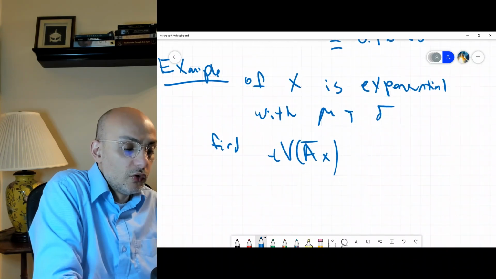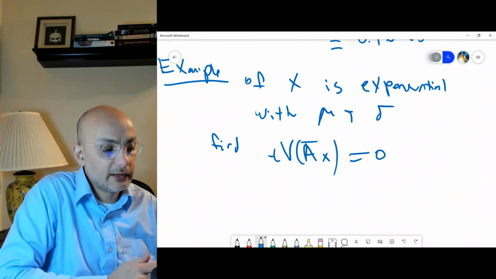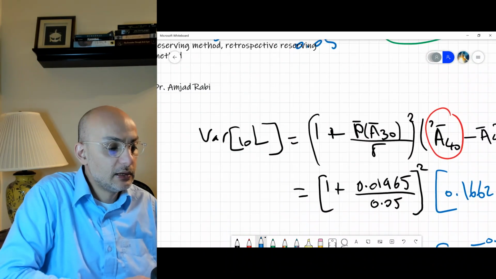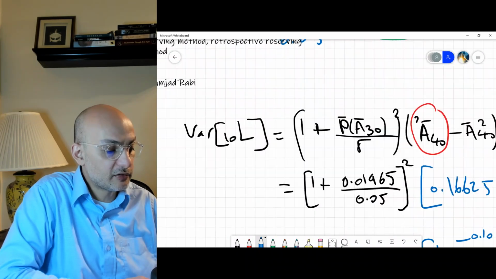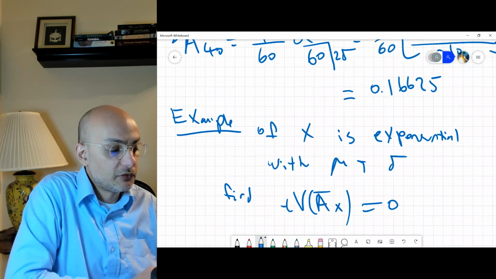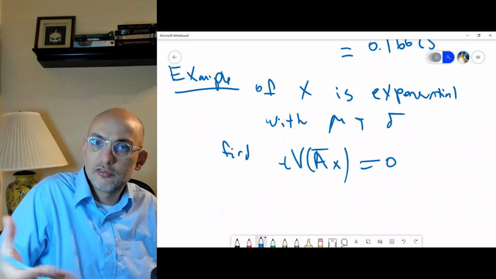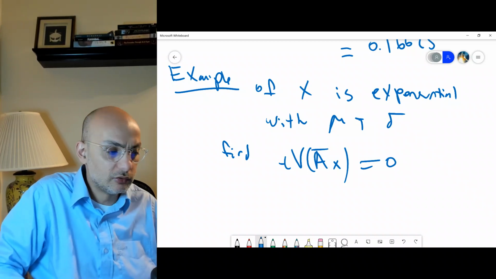For any form, always 0. The reserve for exponential distribution is 0. You can calculate it, it will give you 0. You calculate it using the same formula here, but let's not waste time. Exponential distribution is memoryless, so there is no reserving. It's always 0.